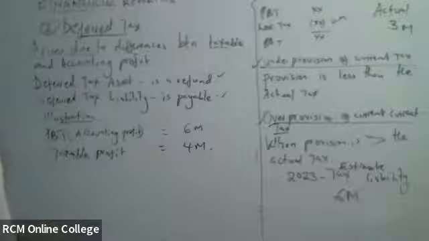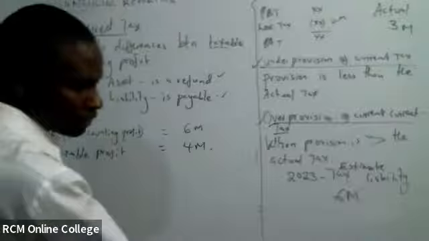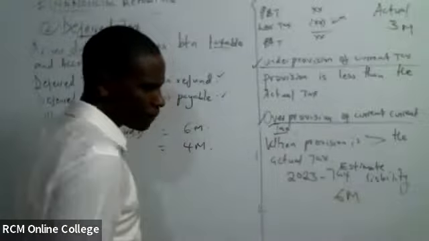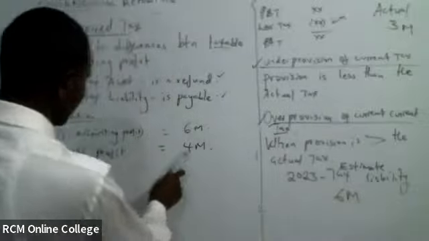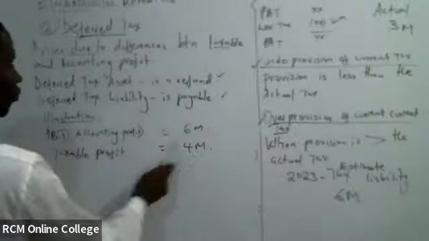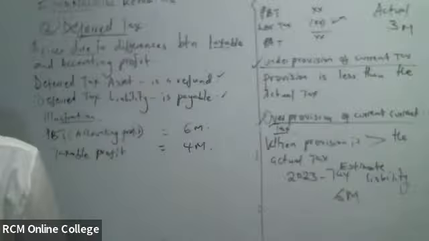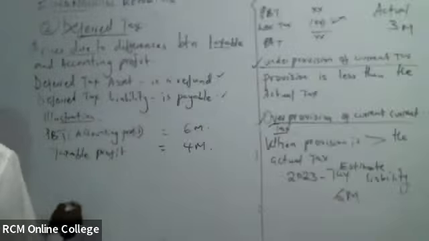You know, accounting profit. We had estimated, if we refer to what we had here, 6 million, right? But now what will we pay? Taxable will be 4 million. And the tax rate in most cases is 30%. So the actual tax to be paid, on this taxable profit.